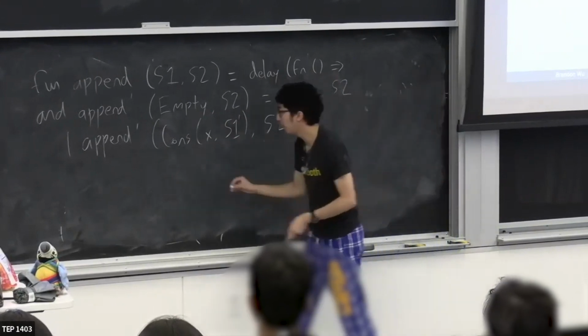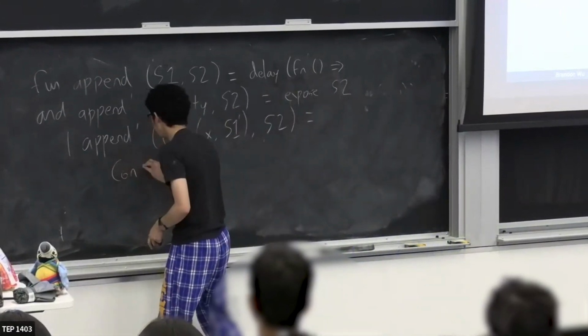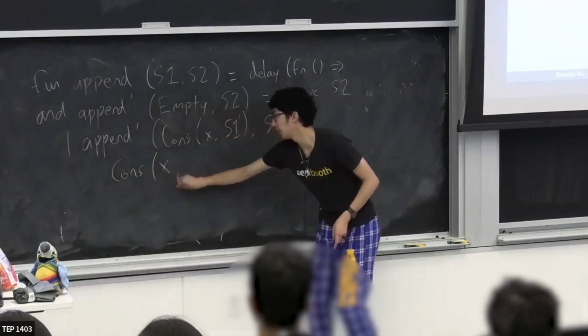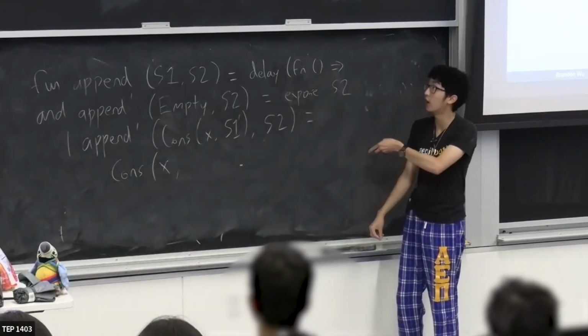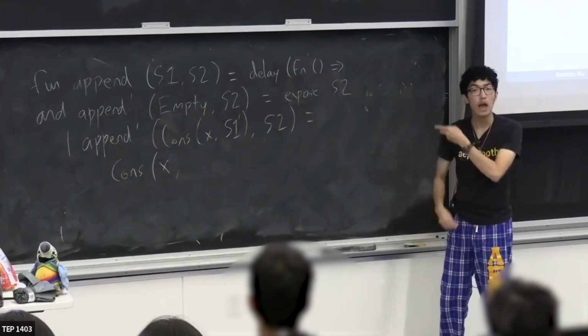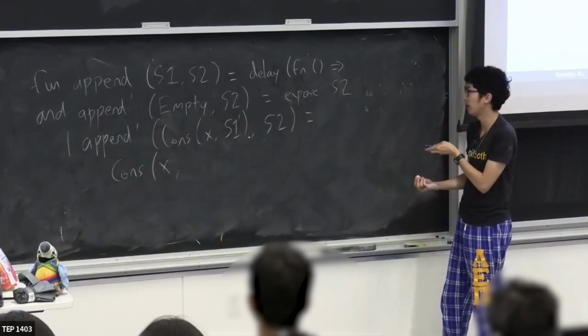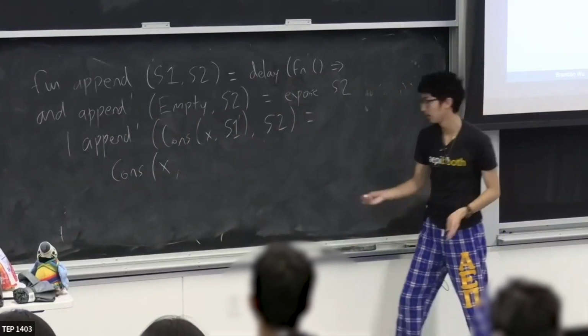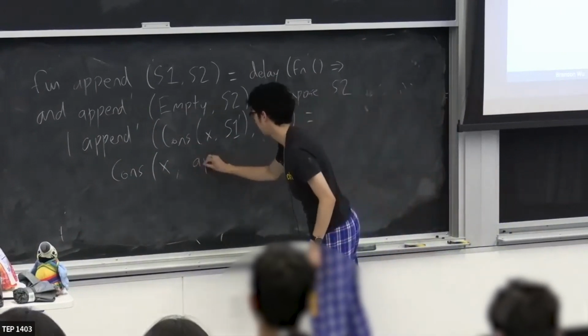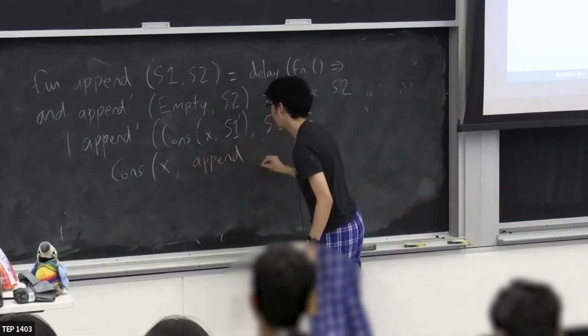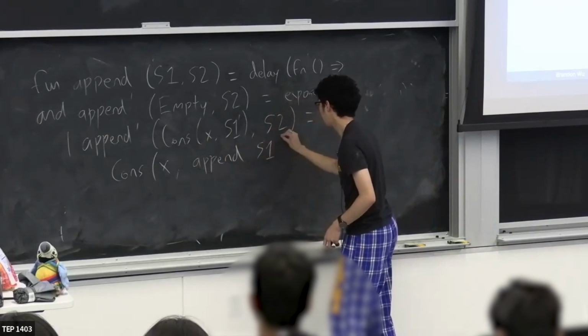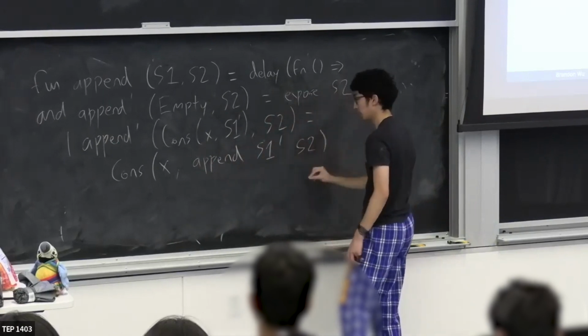Okay. And then if I want to give back a front here, I say cons, and I keep the first element. But now I have to come up with a stream, right? Do I have a thing that can make a stream out of 2 streams? Oh, I do. Called append, right? So I append S1 prime, the tail of S1, and then S2.